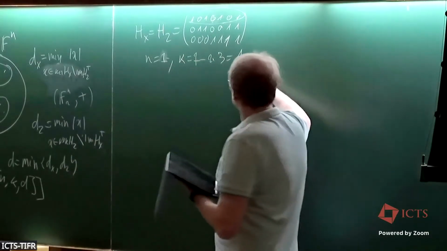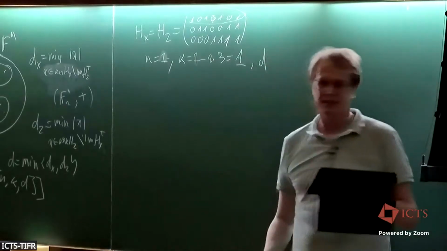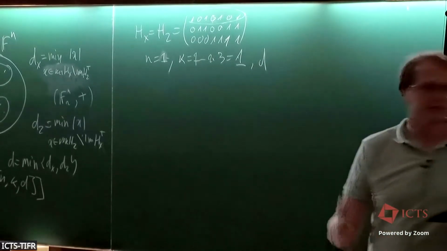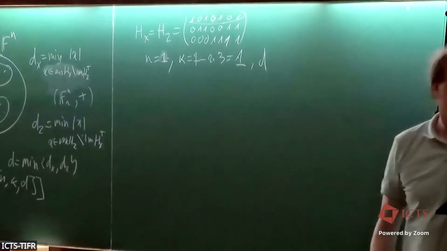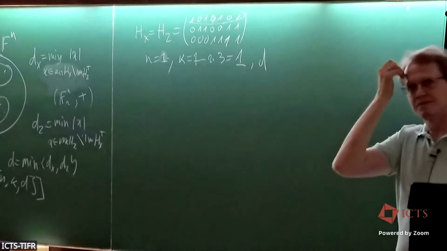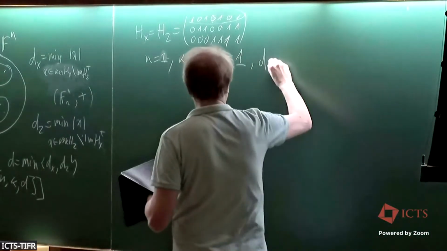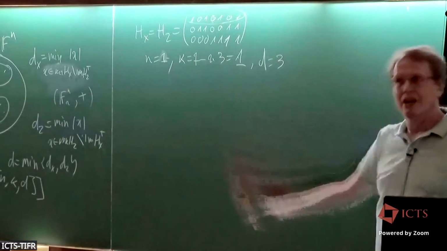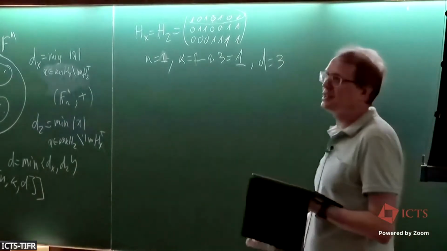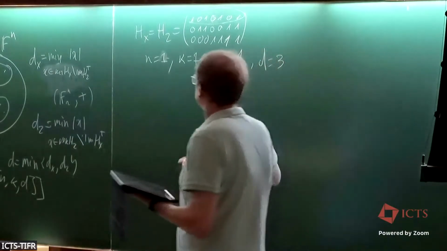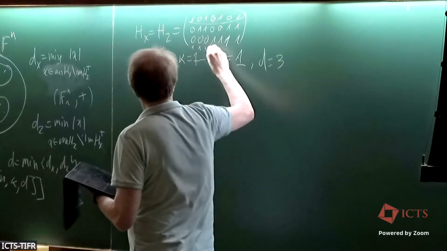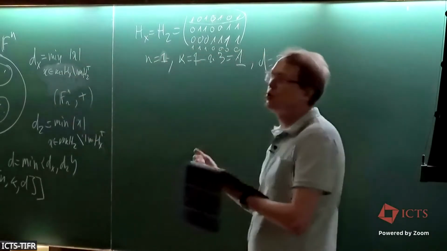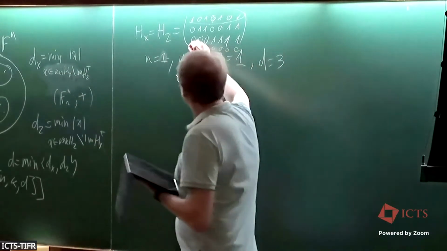And what about the distance? Can anyone guess? Yes, it's 3. First of all, the Hamming code has distance 3, and you can easily check that, for example, these code words you cannot generate. So how should you check that this is indeed a code word?